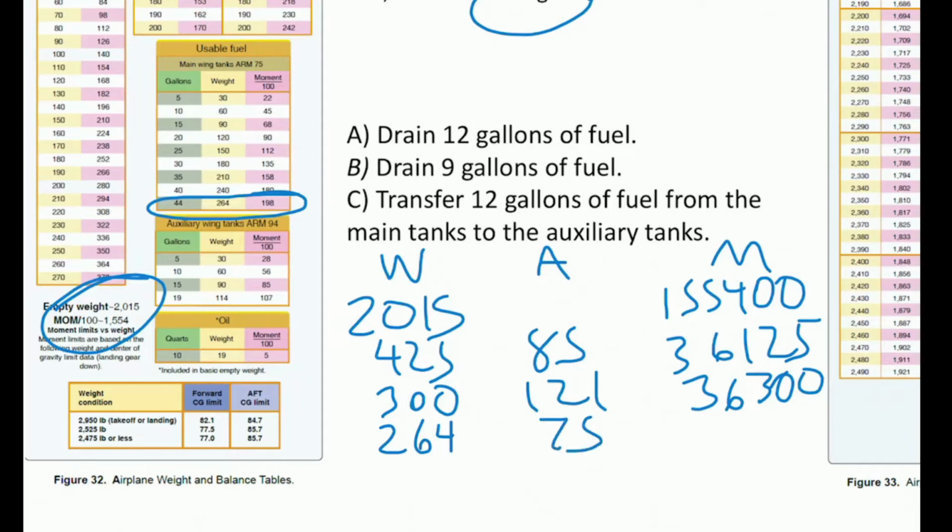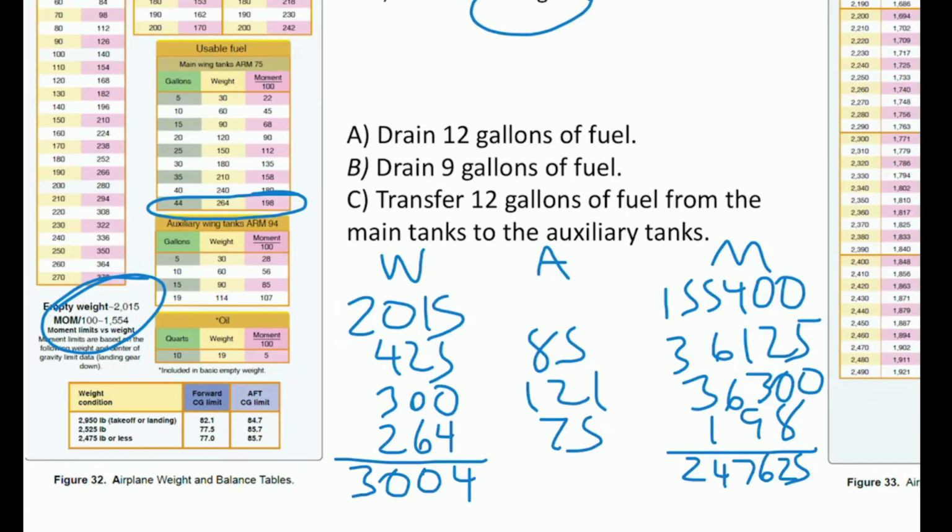Arm of 75, moment of 198. Okay. Let's add it all up. $3,004, 24, 7625.